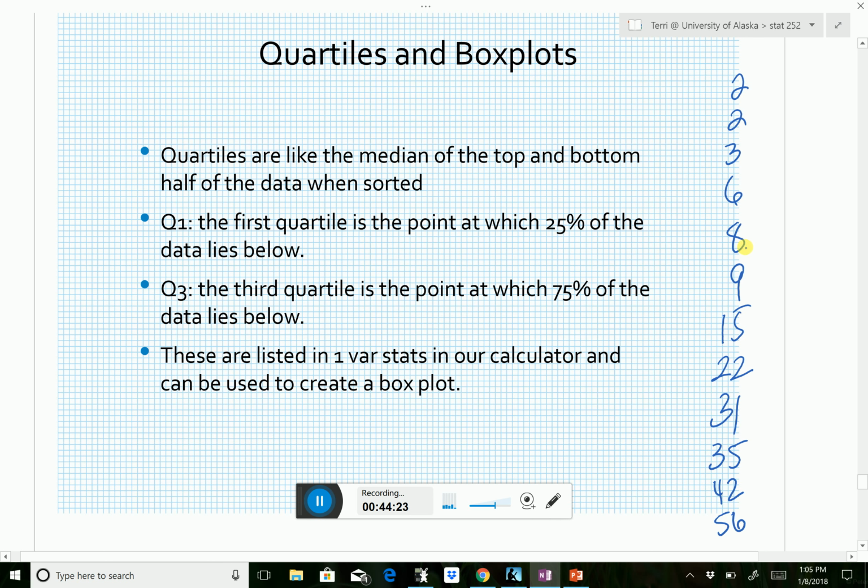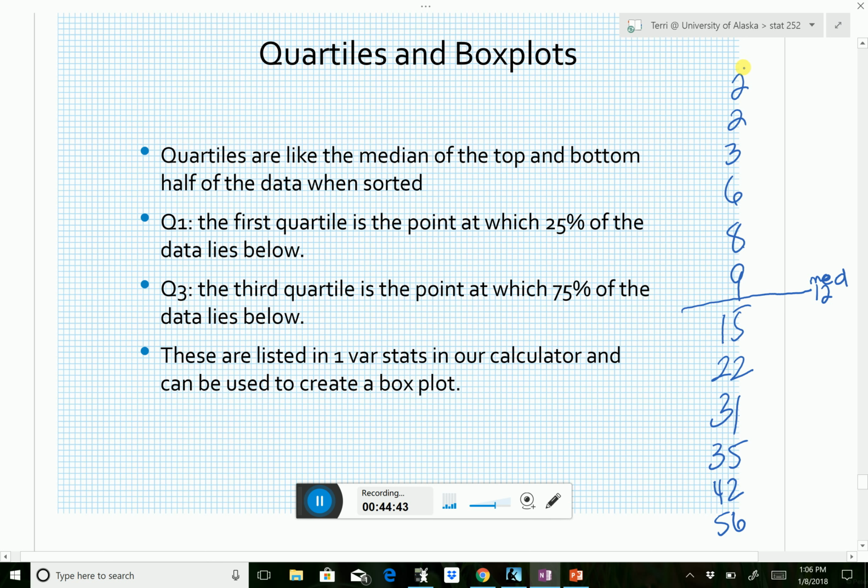That's 12 data points. Okay, there we go. The median is the average of 9 and 15. That's 24. Half of 24 is 12. So our median is 12.